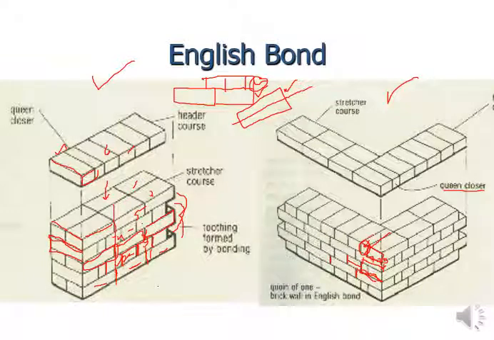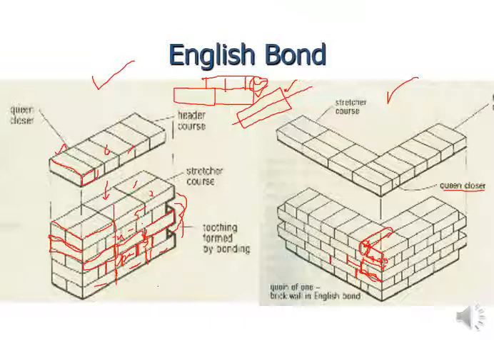This is the queen closer that you are placing inside from right and left. You can see the headers are placed, and in between you are placing this queen closer. If bats are there, you also place them inside at the corner.